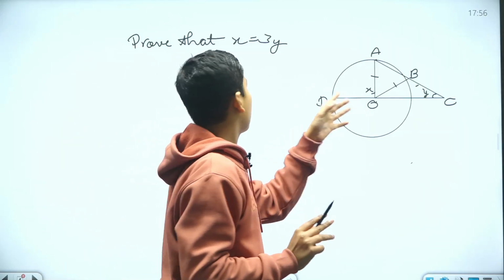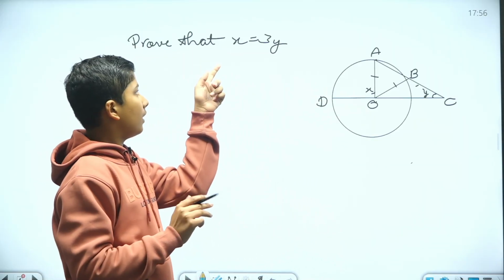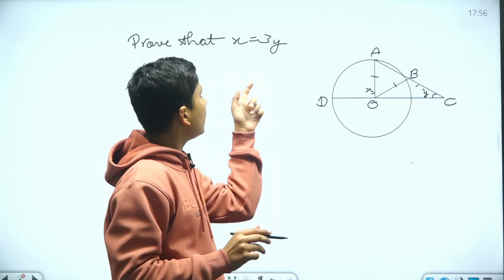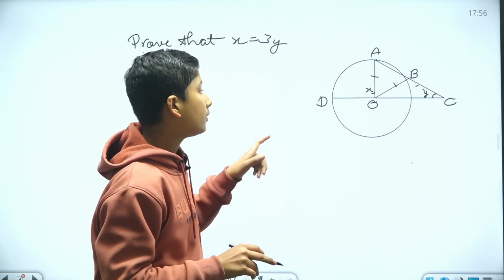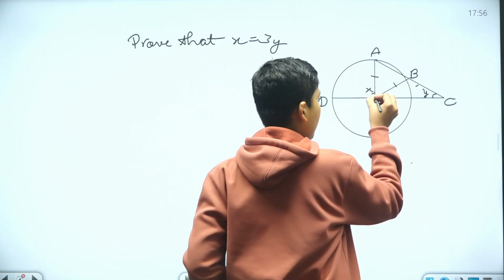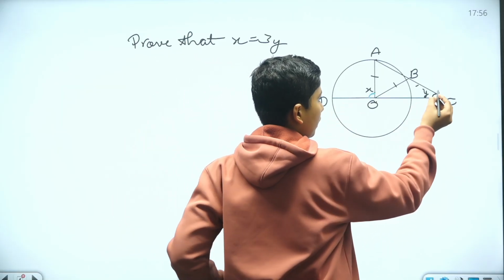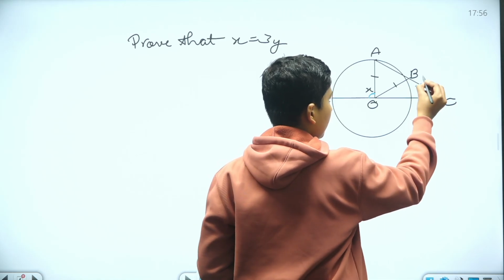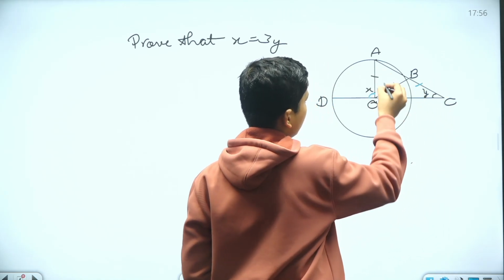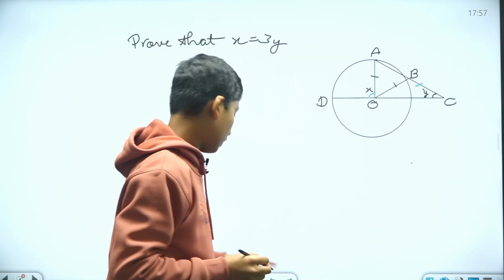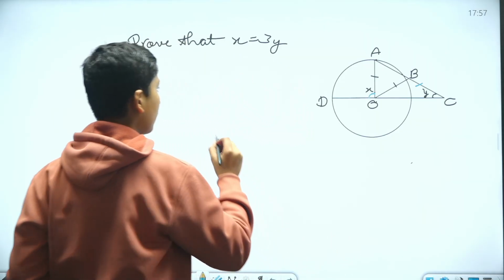What it is asking: prove that x equal to 3y. Okay, so this angle is x, this angle is y, this side equal to this side equal to this side. Okay, now how we will start?